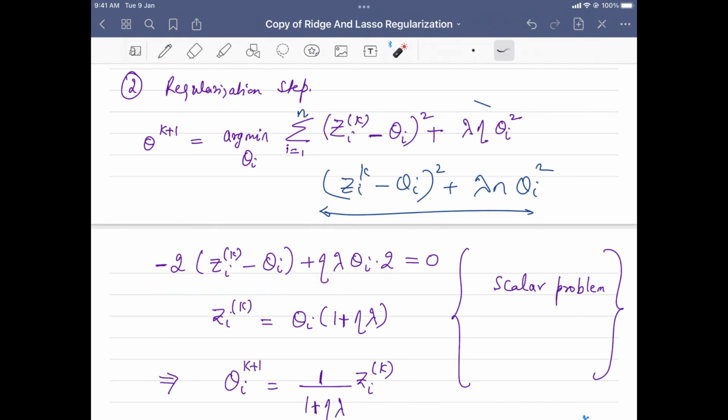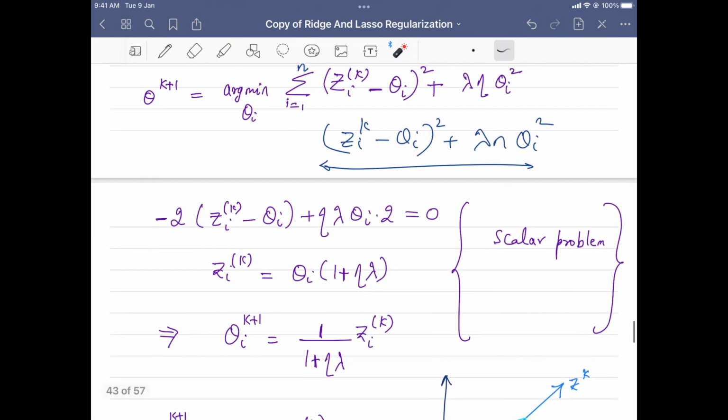So you are taking the derivative of the loss with respect to theta i. Once you take the derivative of the loss with respect to theta i, you will get this answer. This is normal, you can do the derivation easily. From here, once you manipulate the values, you will get theta i k plus 1. So this is the individual component right now.